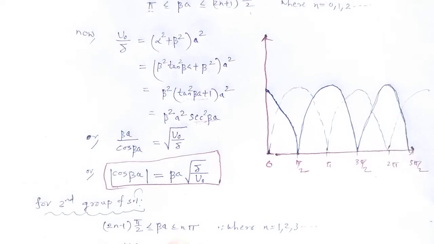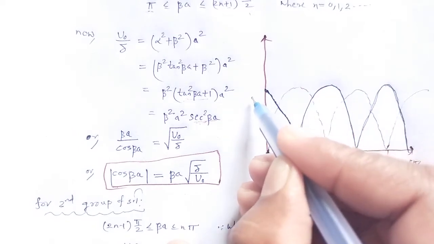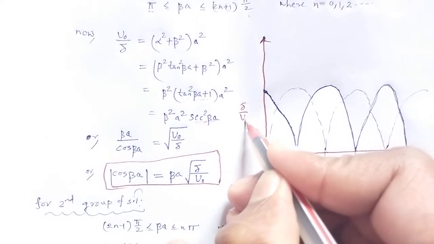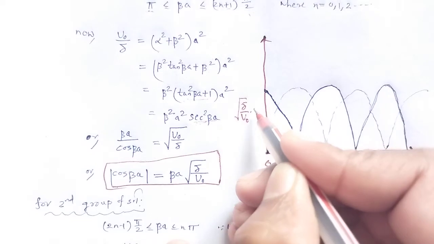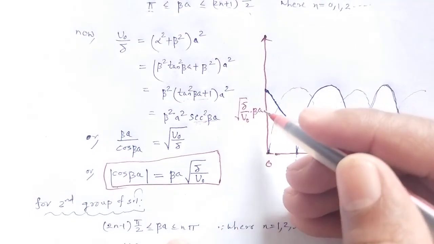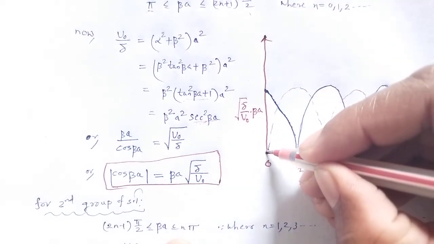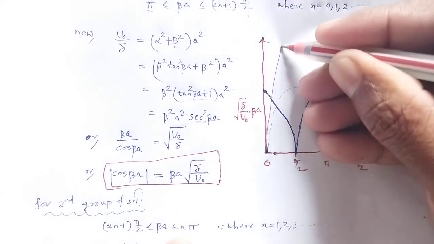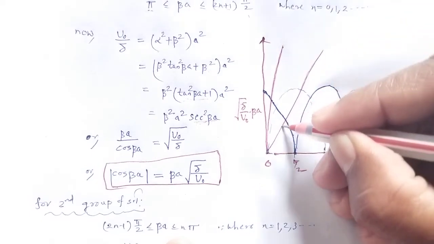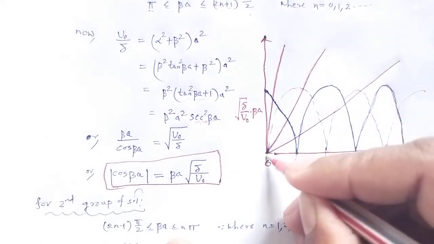At the intersection between sin beta a and cos beta a, this is the graph range, that is delta by u naught under root of beta a on the axis. So this one is the line, this one is the line, this one is the line.